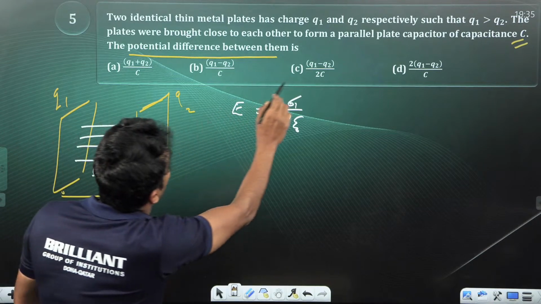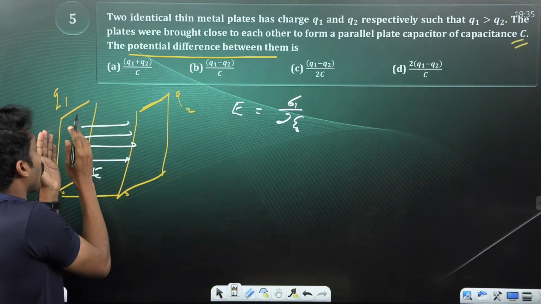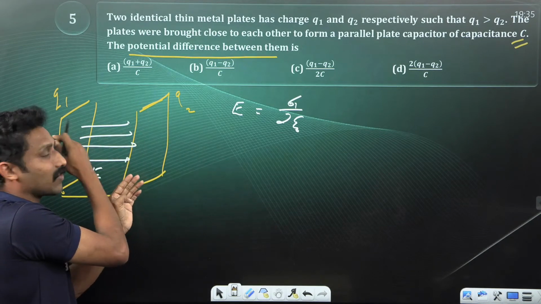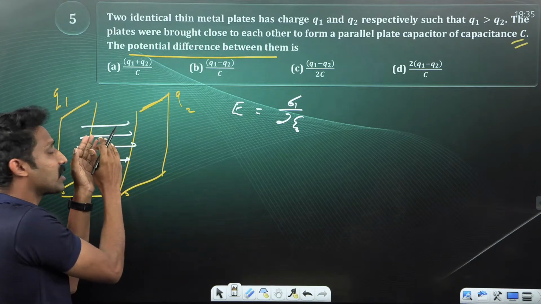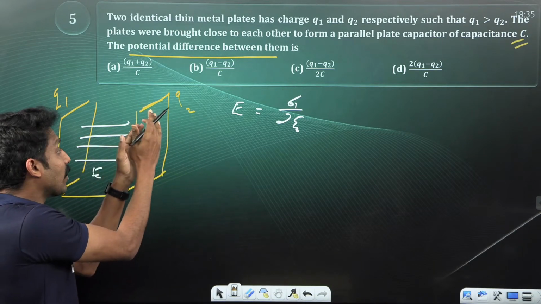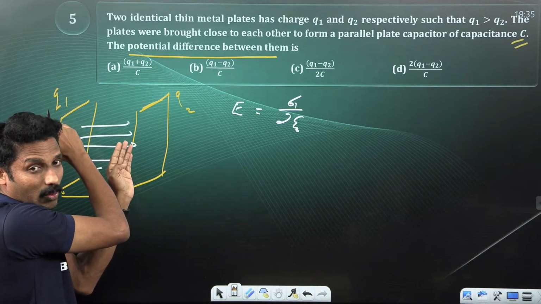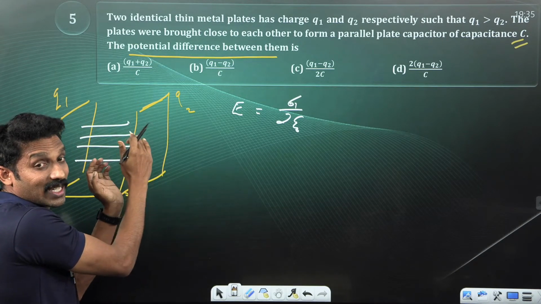Here it is said that Q1 is greater than Q2, isn't it? Then the field of this one is in the right direction and the field of this one is in the left direction, because these two are positively charged. The field due to positive charge is away from the plate. The field due to Q2 is away from the plate, which means leftward. Which means the field of Q1 is towards right, and the field of Q2 is towards left.